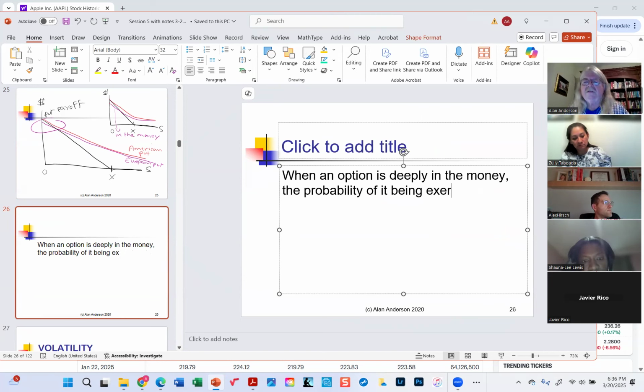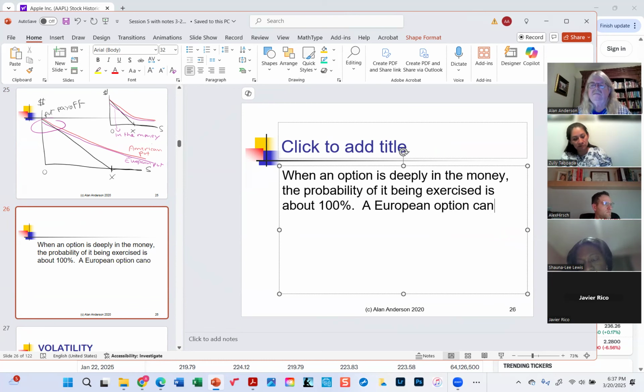A European option cannot be exercised early. So suppose that the option will mature in 1 month.